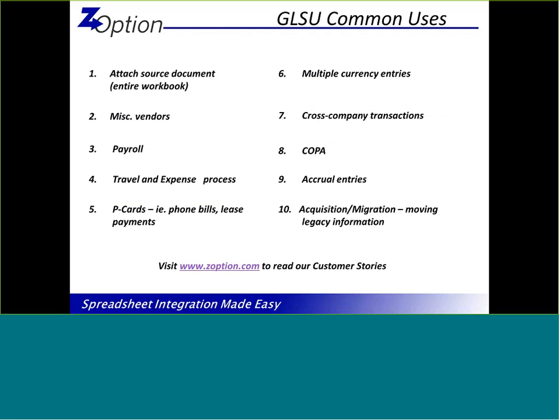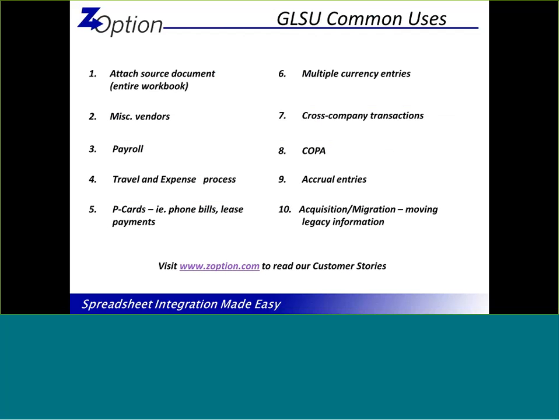So the way we see this product used, many times people use it for miscellaneous vendors or payroll, as I mentioned. We have a really good example, I probably won't show it today, of a travel and expense process where you fill in your travel and expense report as you do normally, and in the background it builds a GLSU template for you. Cross-company transactions, I mentioned COPA. If you use COPA, that's not a problem.